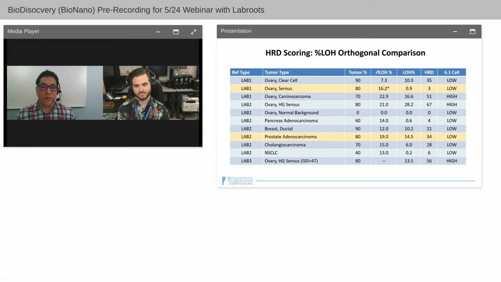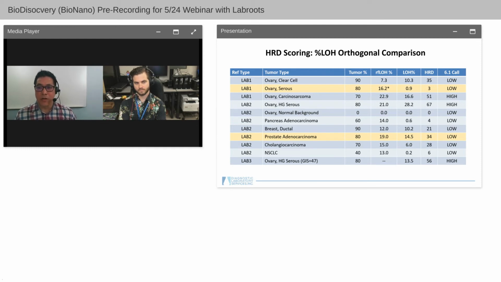And for example, the ones that we have in yellow, the ovarian serous and the 2 rows from the top, where it had a bump above the positive LOH percentage call, 16% being the cutoff for LOH high and below 16 LOH low.